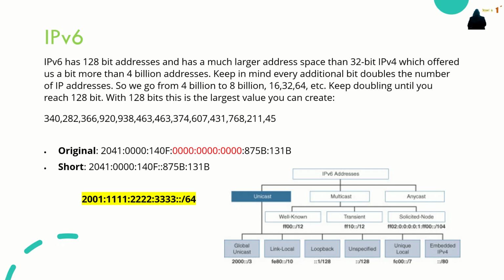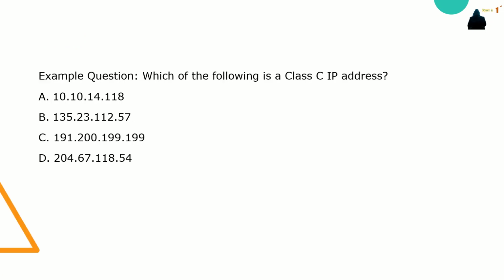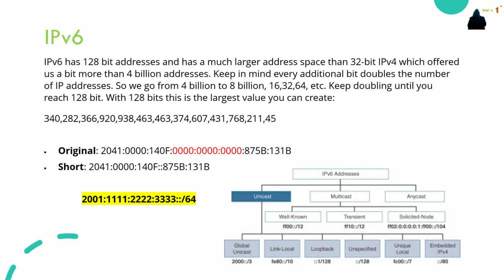And the last, I have also other here. Okay. Another form of IP addresses is IP version 6. It has 128-bit addresses and has a much larger address space than 32 bits.